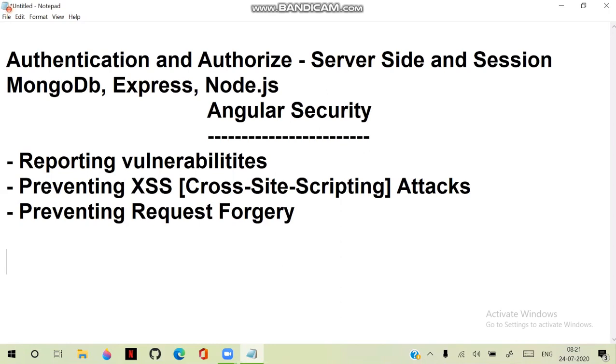So it is a concept of security related to various attacks.